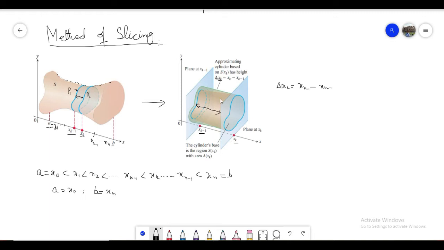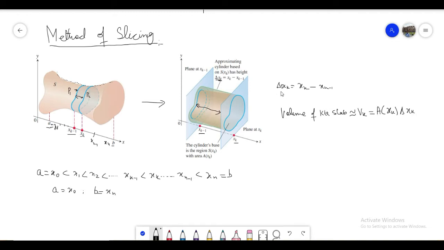So for this we will approach all these cases to infinity. At the moment we have the volume of the kth slab, which is approximately Vk, equal to the area of the cross section, which depends, of course, solely on xk, and the width delta xk.